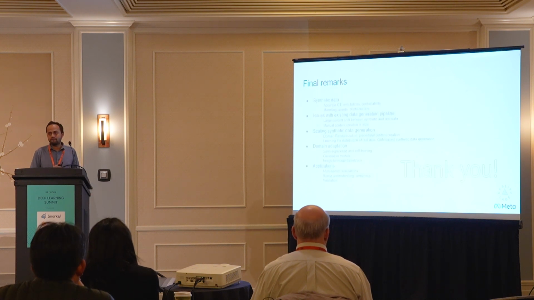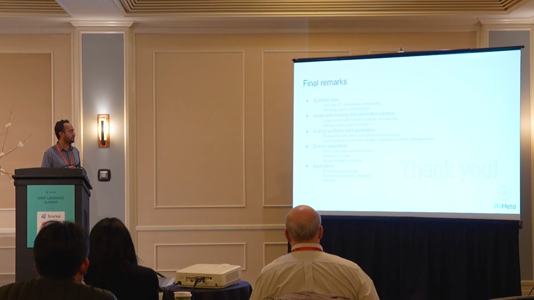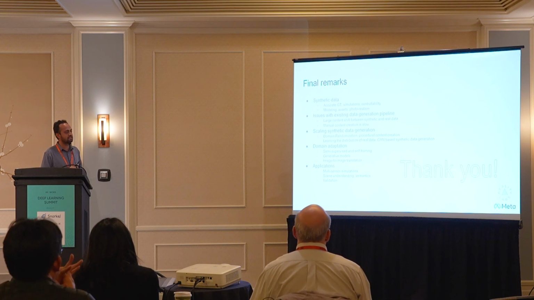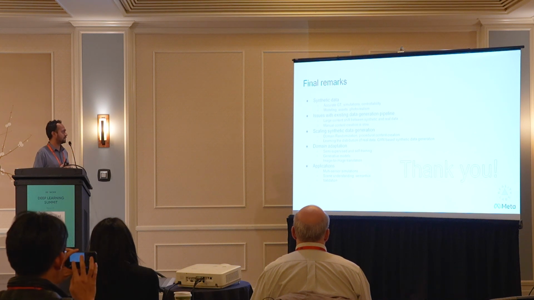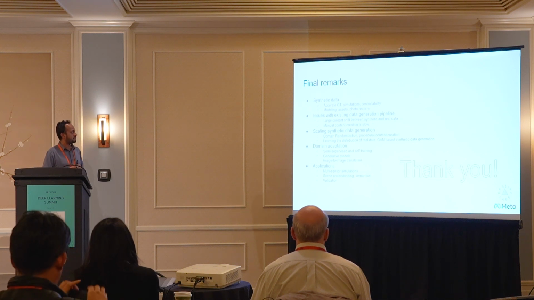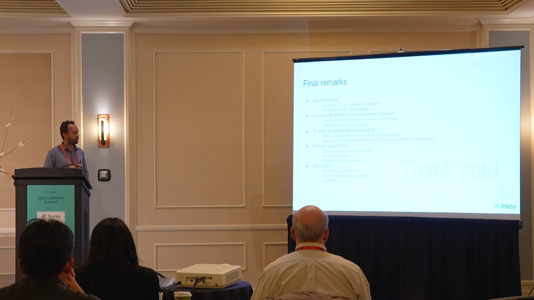Okay, final remarks. I covered synthetic data, advantages of synthetic data: lots of diversity, rare events, no privacy issues. We spoke about some of the issues with the data generation pipeline. Then we spoke about how to bridge this domain gap between synthetic and real.